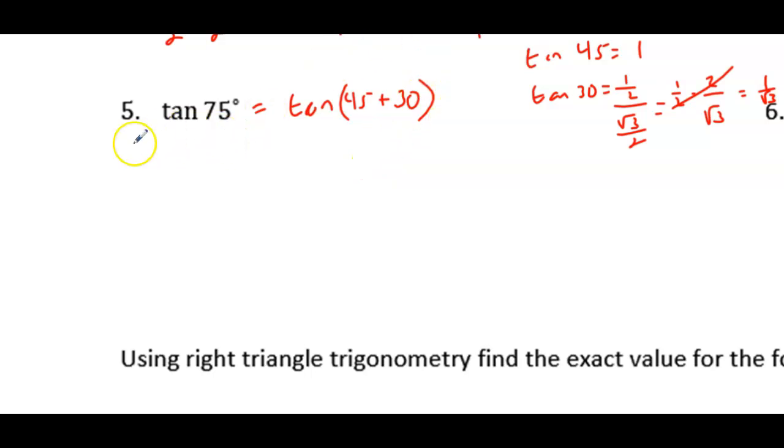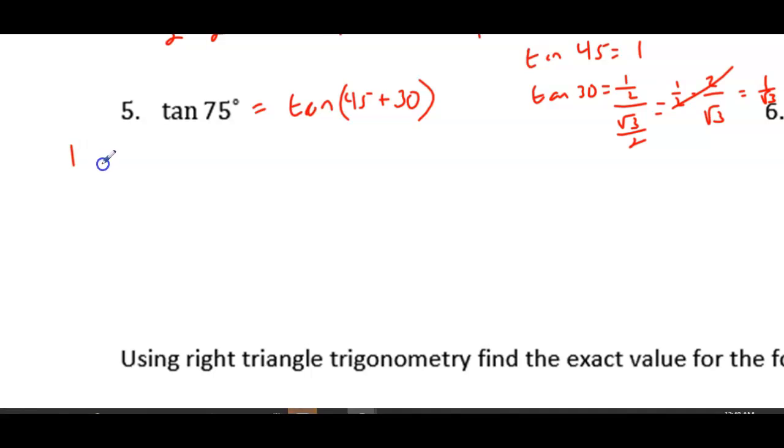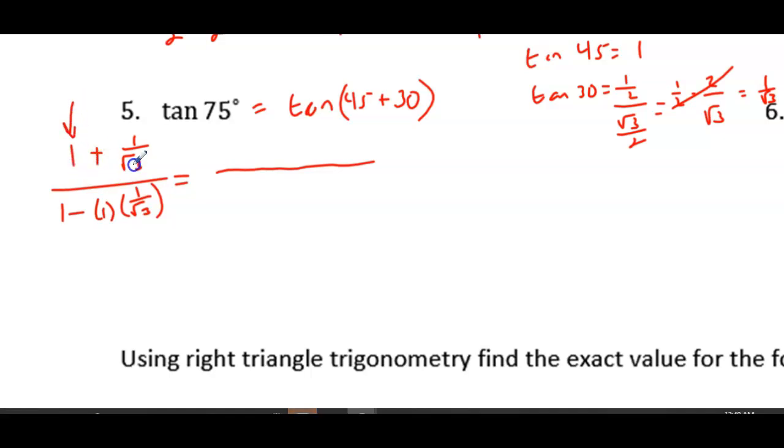Just please pay attention. Since it's addition right here, you have tan of A, which is 1, plus tan of B, all over 1 minus tan of A, which is 1, times tan of B. Now, with fractions, guys, I just need a common denominator. So I'm going to convert this 1 to have that same denominator.